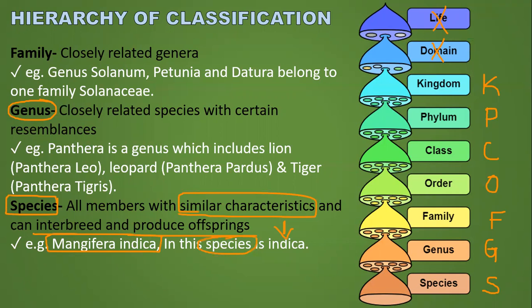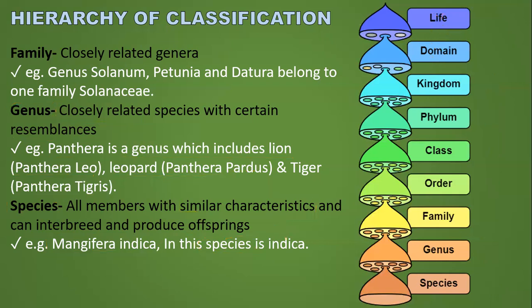That's very important. That's the main function. So a group of species will combine together to form the genus. Closely related species with certain resemblances form the genus. So Panthera is a genus which includes lion, which is Panthera leo, leopard, Panthera pardus, tiger, Panthera tigris, like that. You'll include many details like this.